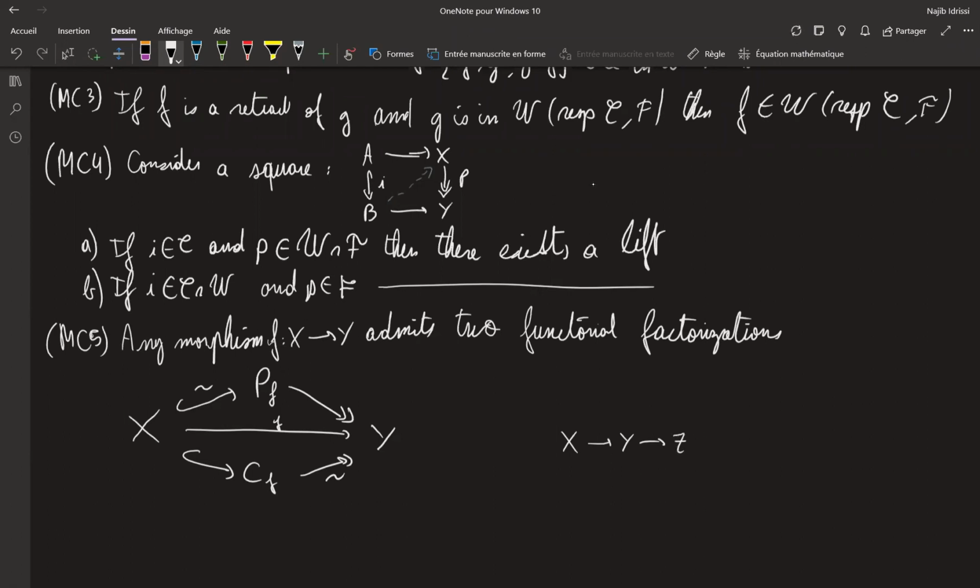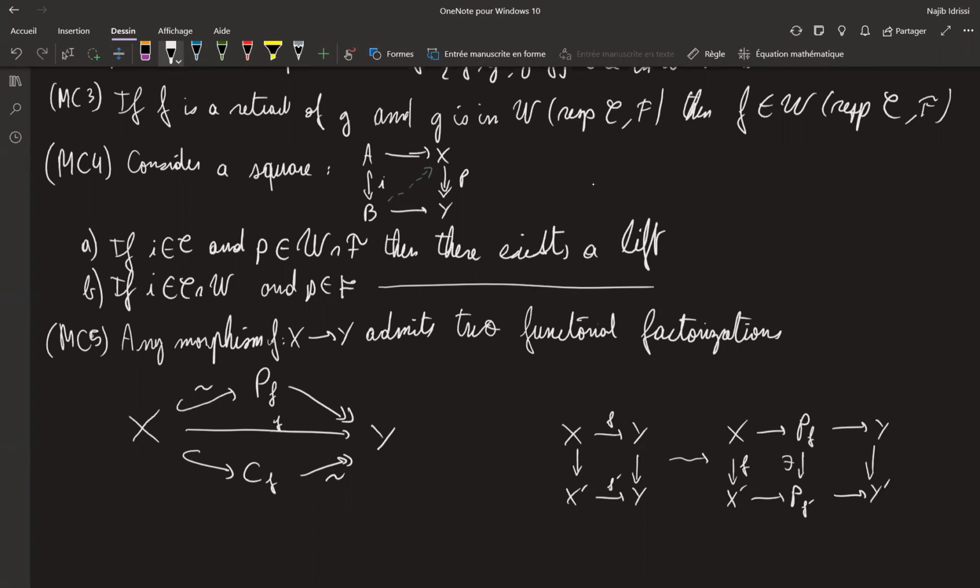I mean that if you have two maps like this, and you have a morphism in the arrow category, then you have morphisms between the factorizations. With a fixed thing, and also for CF, right?